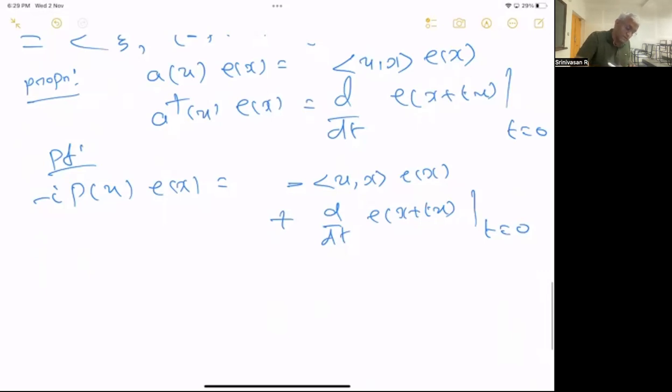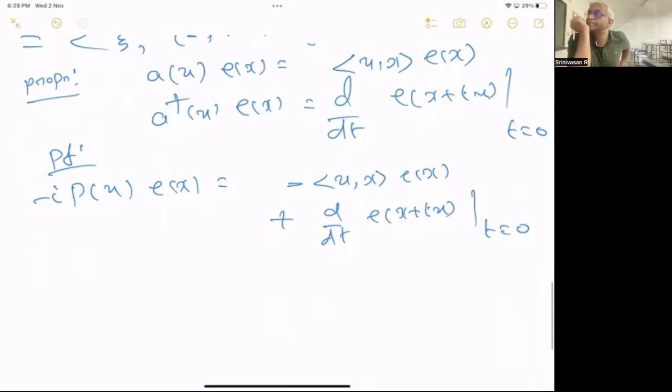I said it orally, but I wrote something else, some nonsense. So P(u) acting on T E(x) is equal to this.